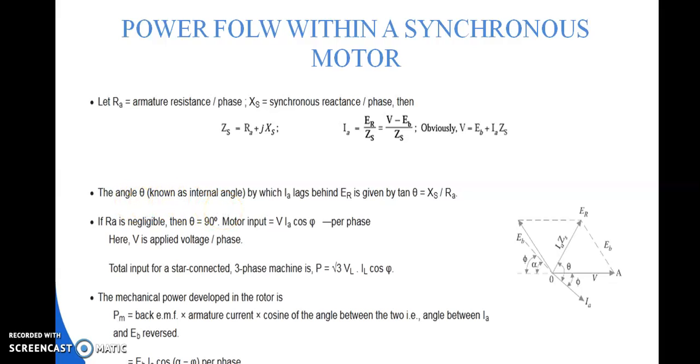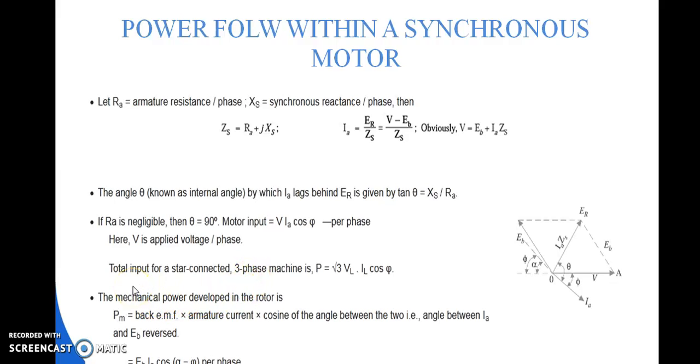We have already seen the angle by which Ia lags behind Er is given by tan theta equals Xs by Ra. Remember the formulas. If Ra is negligible, then theta equals 90 degrees. Motor input equals V into Ia into cos phi per phase. Here V is the applied voltage per phase.